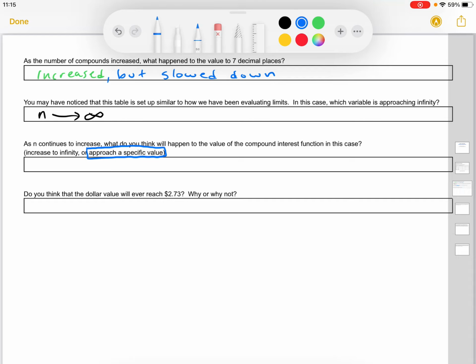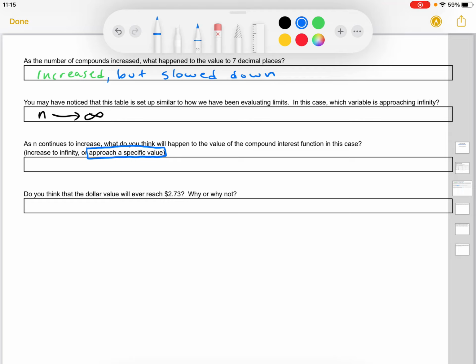So the last question here is, do you think the dollar value will ever reach $2.73? So with the rounding, that dollar value ended up at $2.72 for all of the compoundings that you did. But as we approach infinity, we know that this is kind of continuing to increase, but we don't necessarily know where it is increasing to. So the answer to this question, and this was just asking you for kind of a speculation here.